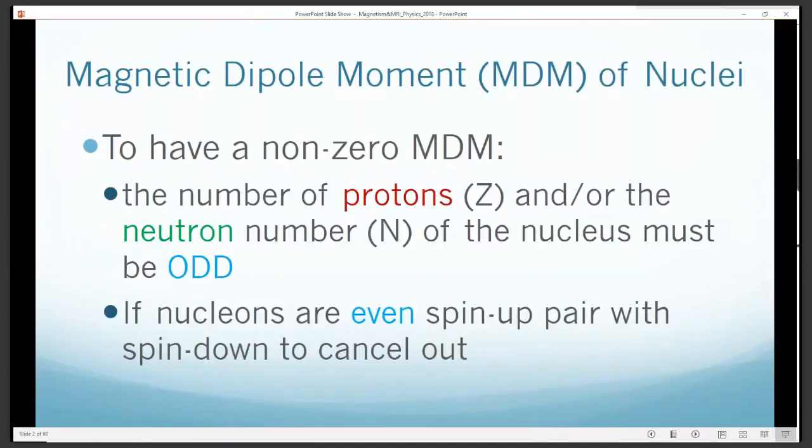Some nuclei have magnetic dipole moments. To have a non-zero magnetic dipole moment, the nucleus must have an odd number of protons and or an odd number of neutrons. That is, you have unpaired protons or unpaired neutrons. If the number of nucleons, either protons or neutrons, is even, those spins will pair up just like the electron spins pair up in the orbitals.